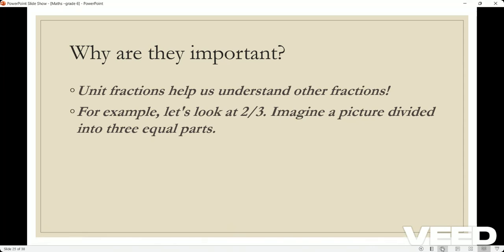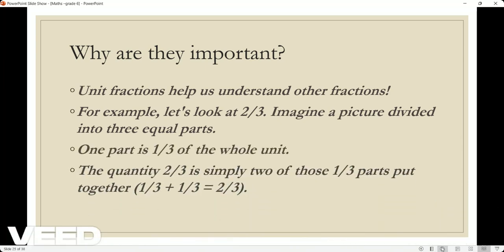For example, let's look at two thirds. Imagine a picture divided into three equal parts. One part is one third of the whole unit. The quantity two thirds is two of those one third parts put together. That means one third plus one third.